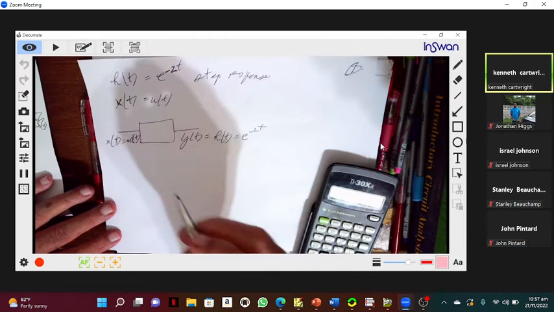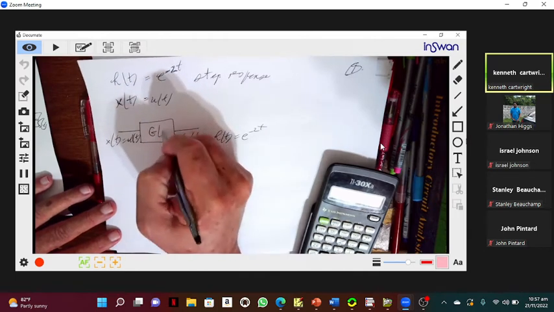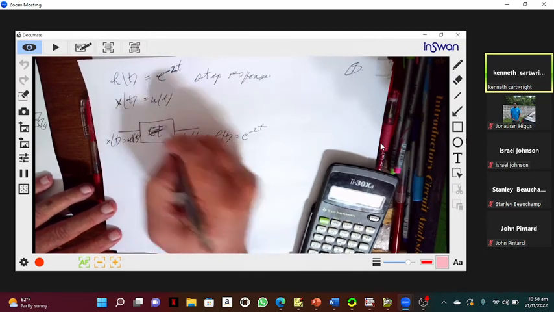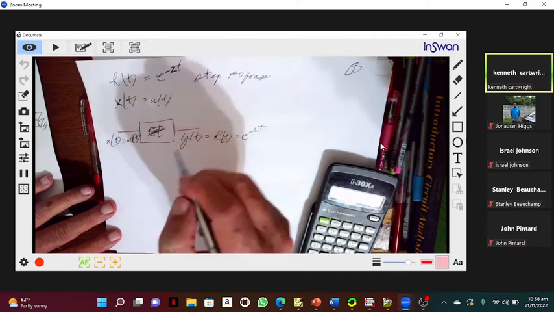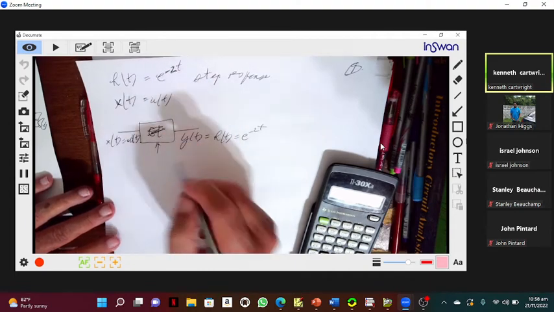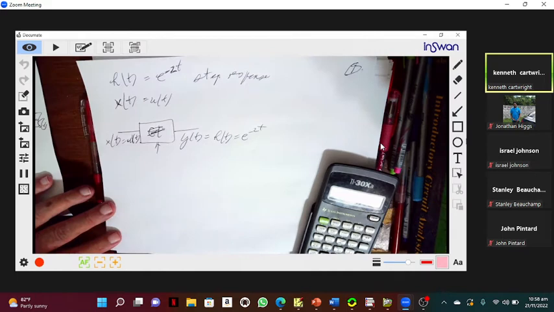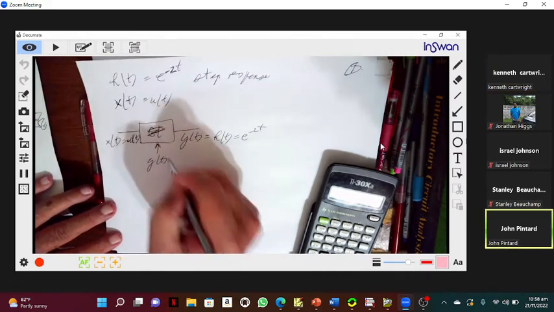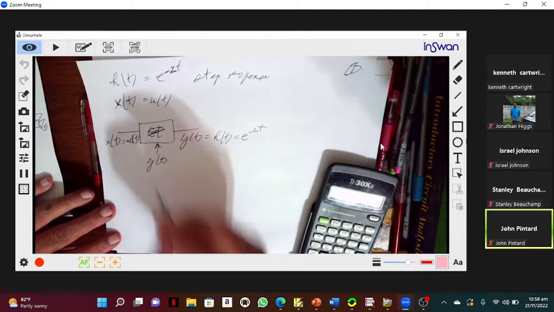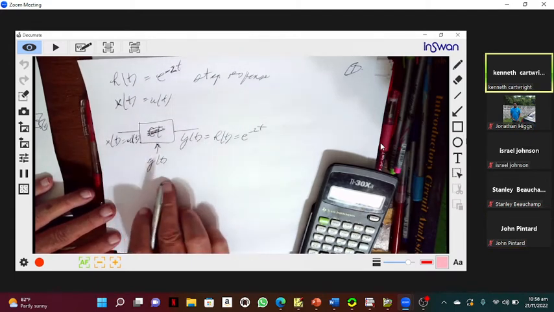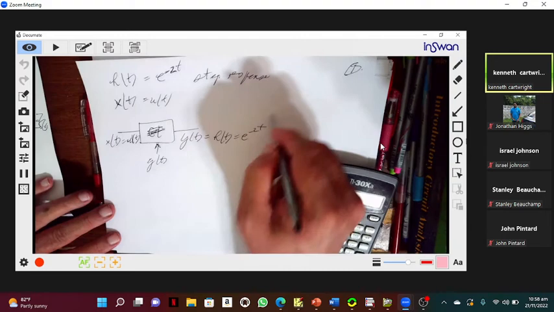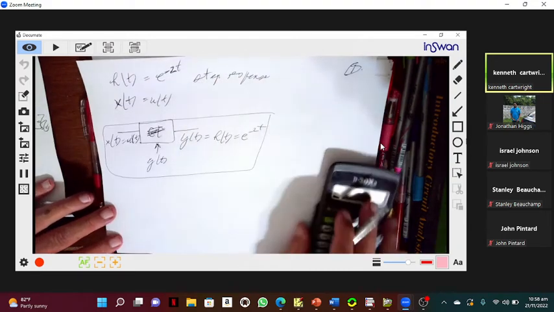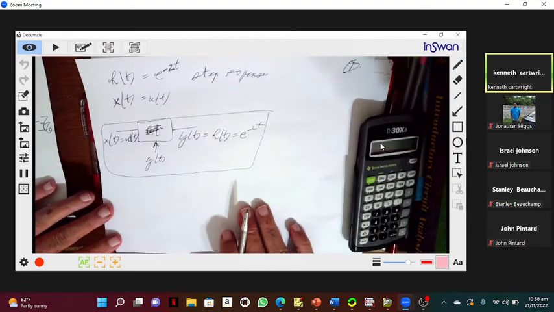And this system, of course, has a transfer function. Hence, it has the impulse response. You don't put this in, because this is time domain. You don't mix time domain and S domain.